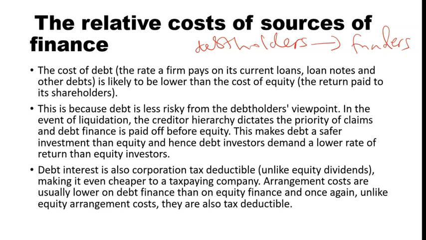The interest payments which are paid to debt holders are also tax deductible, which means that as much as we pay the interest on the debt, we also enjoy the tax benefit associated with it, because instead of paying a higher tax, we deduct the interest from the profits available. Then we will end up paying a lesser tax.